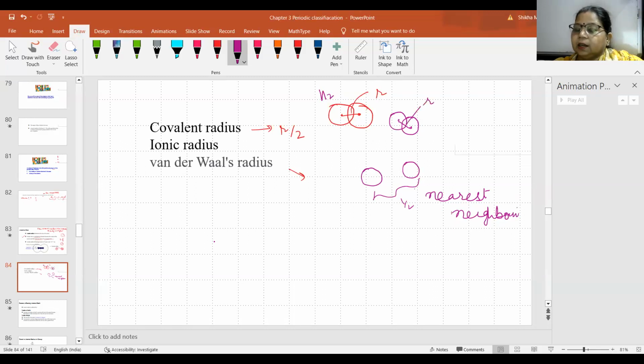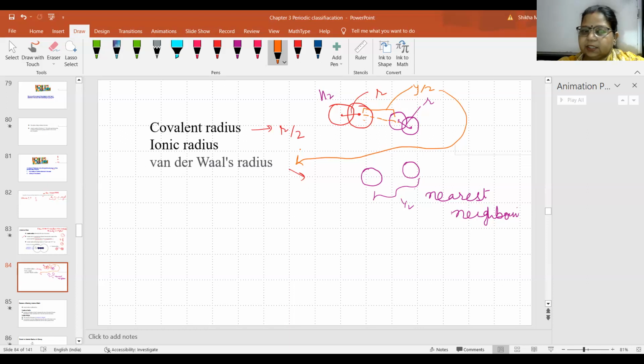This distance is r. But what about this distance, the distance between the two non-bonded atoms? Let's put it as Y. And this Y by 2 is referred to as the van der Waals radius.